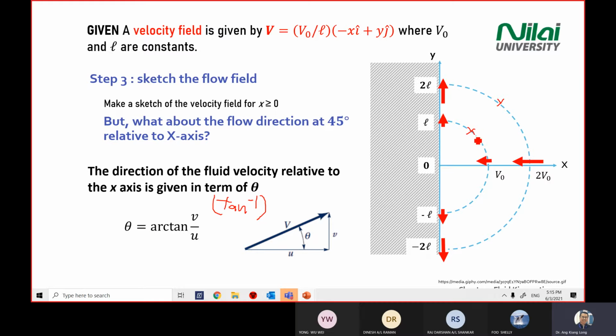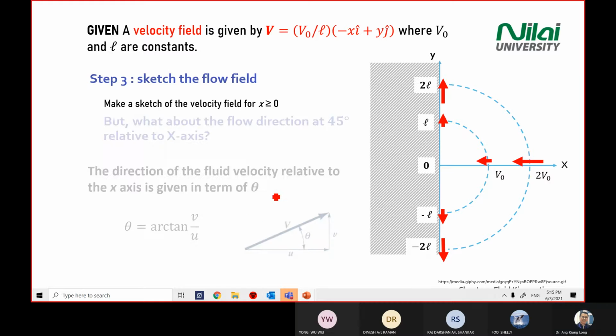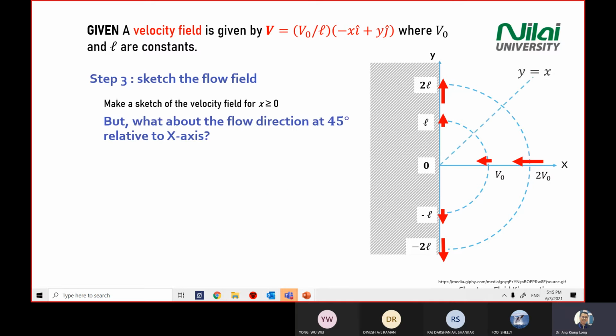So at this location at 45 degrees, we can draw a straight line like that. And along this line, if you draw on the Cartesian plane, on the grid itself, you can write y equal to x.